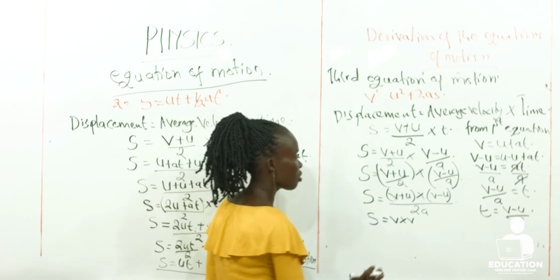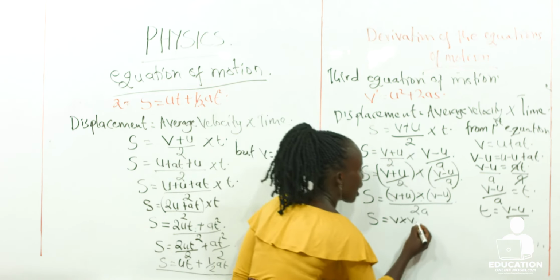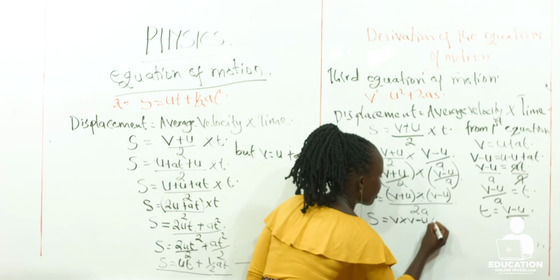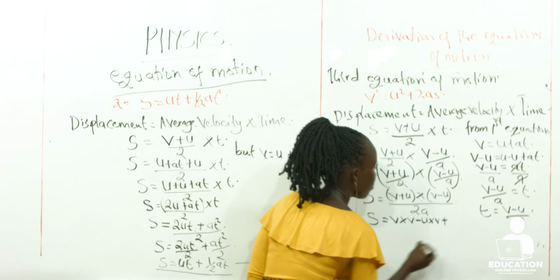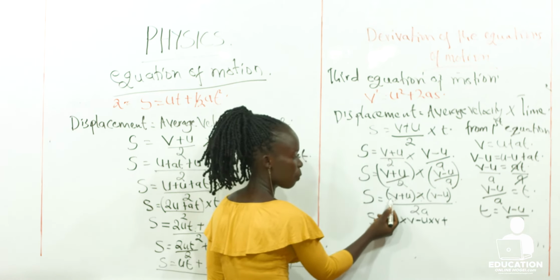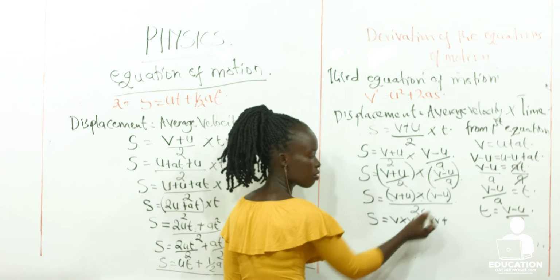So we shall see that when you get v times negative u, we shall have here negative u times our v, then plus, we are getting, now we are finished with this v, now we are getting our u and multiply it by each and every term in this bracket.